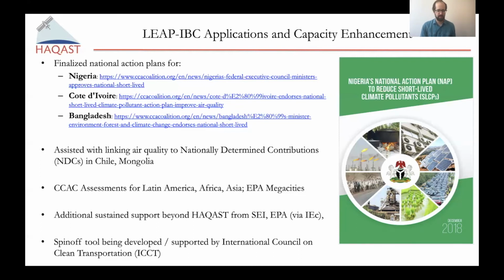The International Council on Clean Transportation is very interested in also being able to rapidly estimate the impacts of changes in transportation emissions on PM2.5 and ozone-related health impacts. And so this is a tool that we're continuing to develop with support from the ICCT.